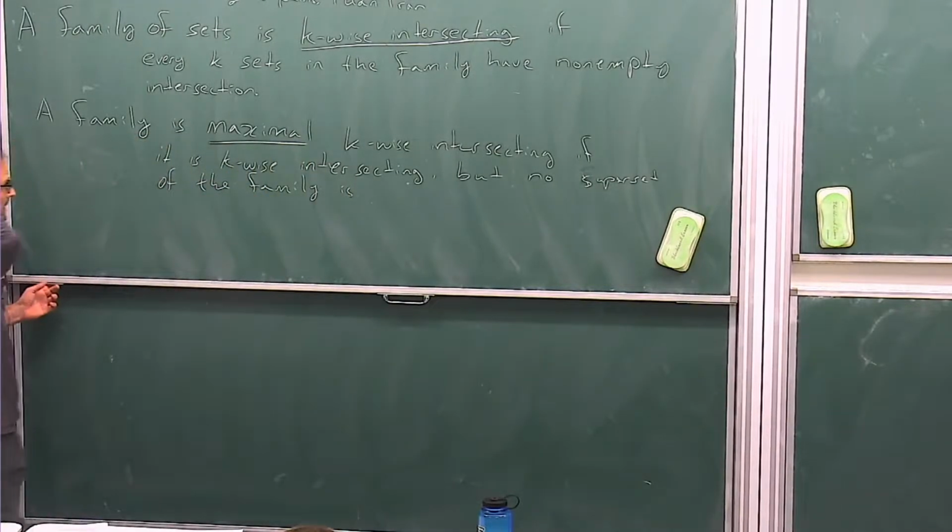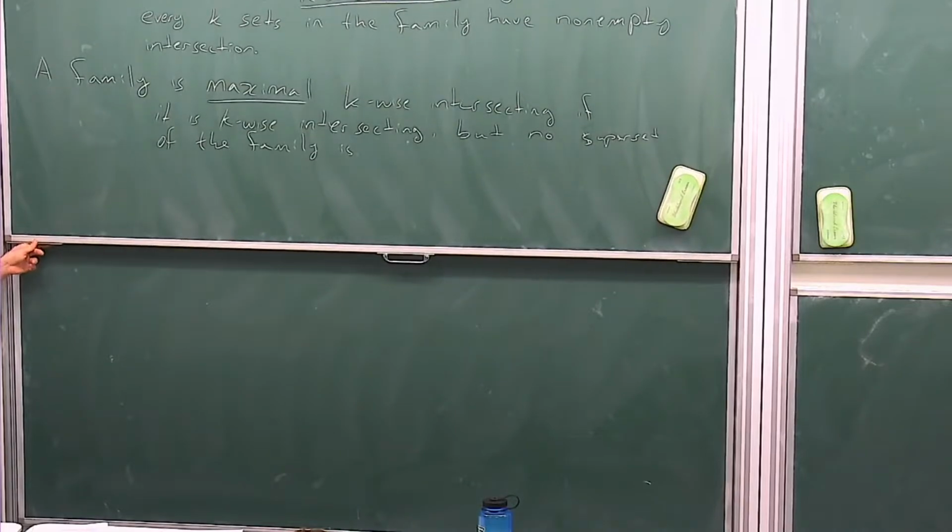And I'm going to be working exclusively with finite sets in this talk. So what I'm going to talk about today is a question of Erdős and Kleitman from 1974, which was how small can a k-wise intersecting family be?